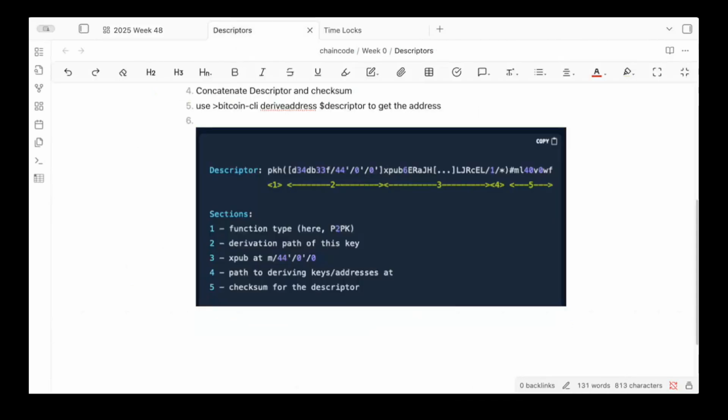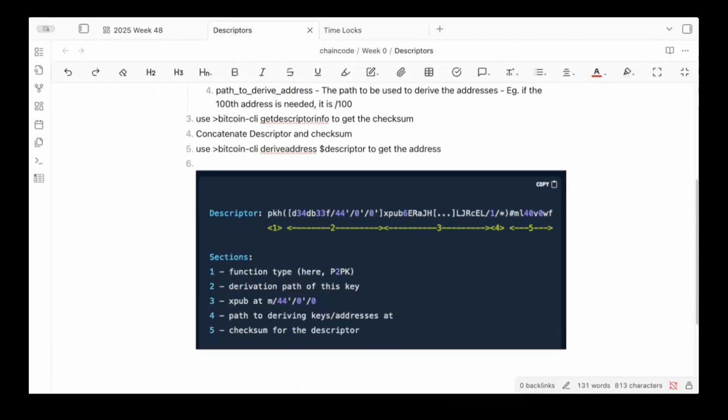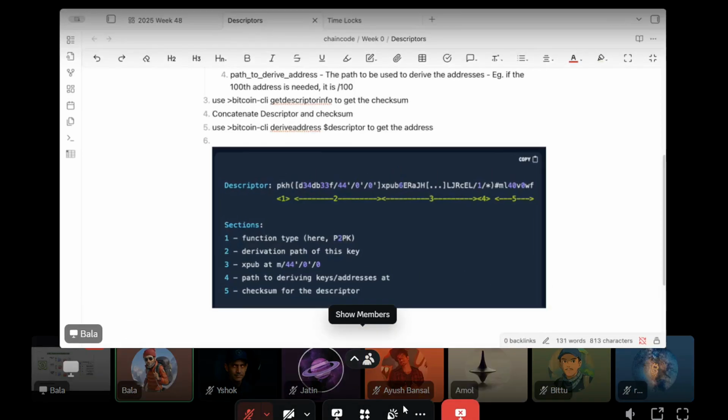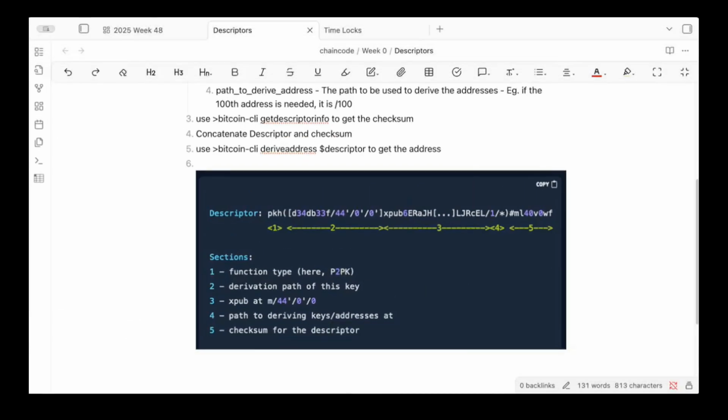Bala, in that second part, derivation path of this key, what is this D34DB33F? Is it like a master signature, master fingerprint or something? Yes, that is a fingerprint, the master key's fingerprint, followed by the master derivation path. So this is the fingerprint followed by 44 hardened, then 0 and 0.